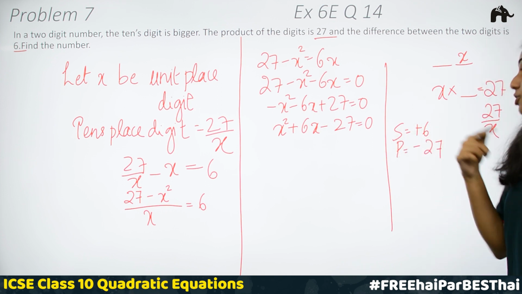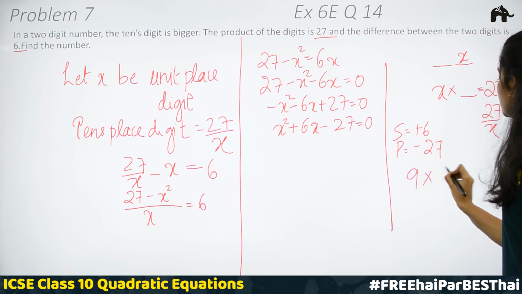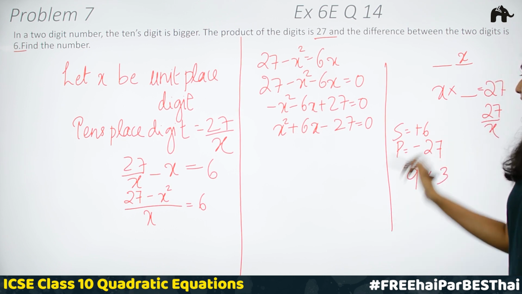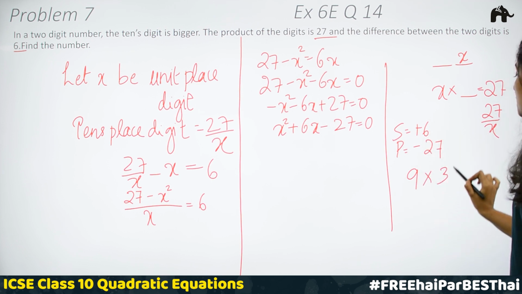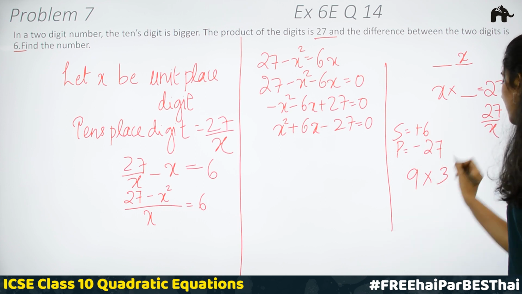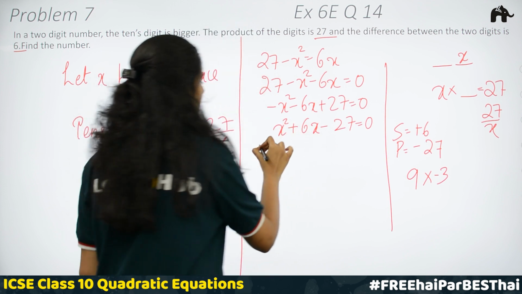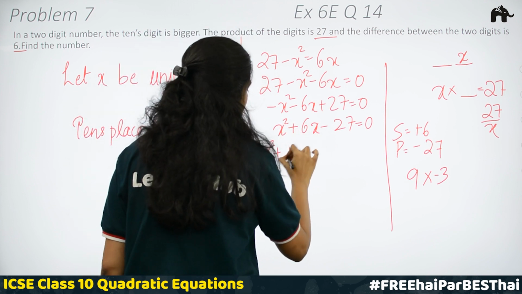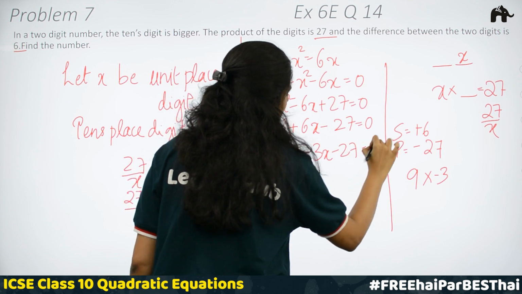The greater number chosen should be positive then. 9 into 3 is 27. Here we have a positive 6. 9 minus 3 is plus 6. Put a negative. We got the two numbers 9 and minus 3. X square plus 9x minus 3x minus 27 is equal to 0.